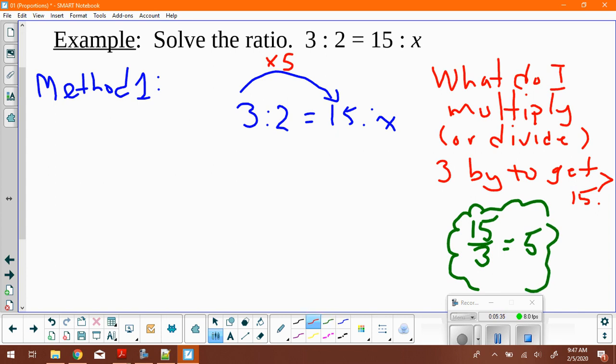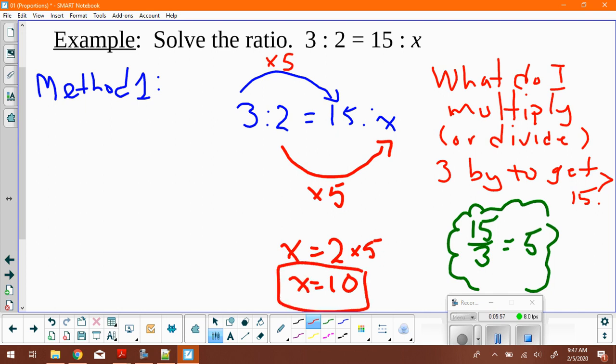Now to solve the ratio, I just do the same thing to the other number. That means I have to multiply the 2 by 5 to get x. That means x equals 2 times 5, so x is equal to 10.